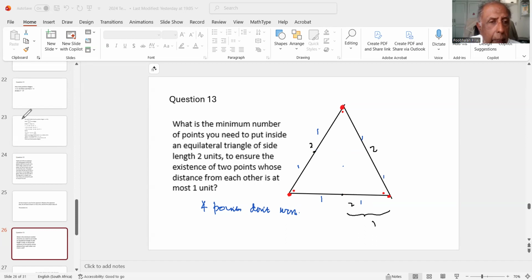And let's do what we did here before. Now, when you take the midpoints here, 1, 1, 1, you will see I got 60 degrees. So all these become equilateral triangles.